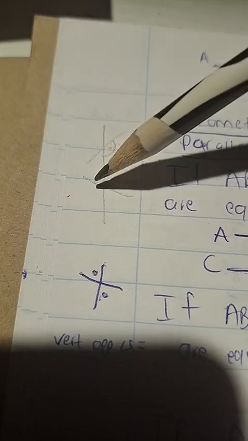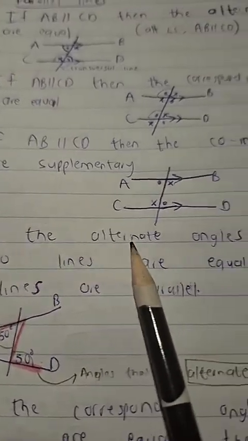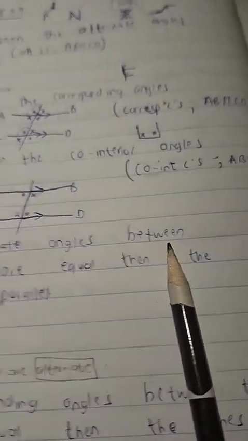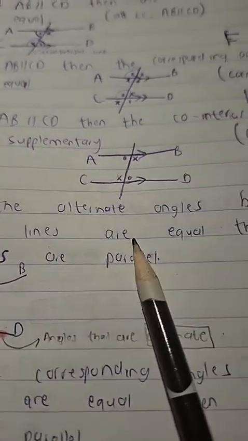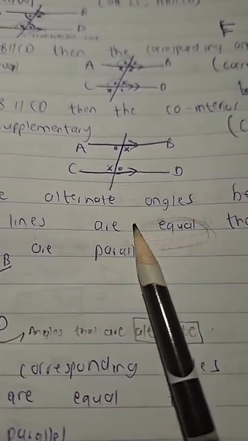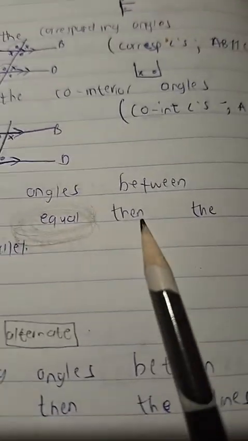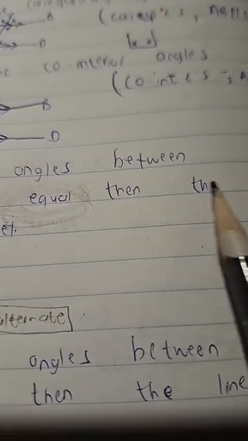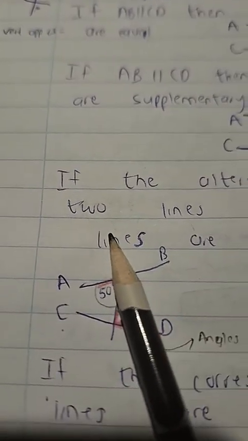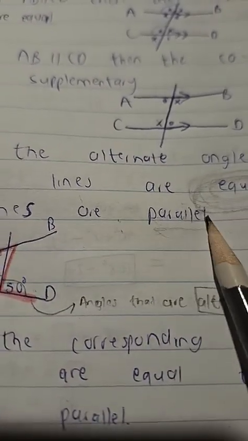The angle here, the angle there, the Z-shaped positioned angles. That's what alternate angles are. So that's why this statement says, if the alternate angles between two lines are equal. Now here's the thing. If these alternate angles happen to be equal, then we can say the lines are parallel.